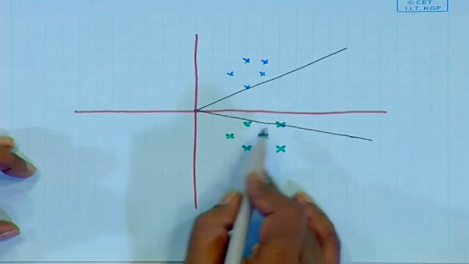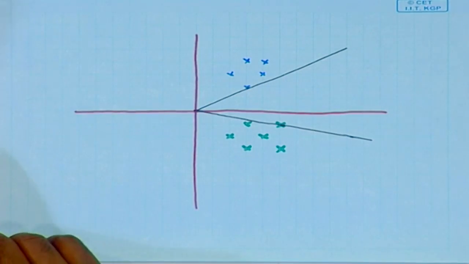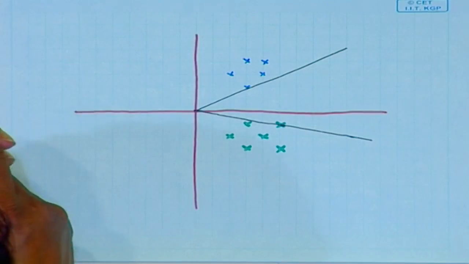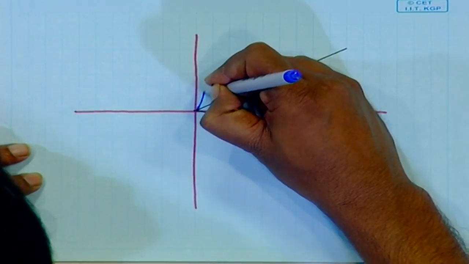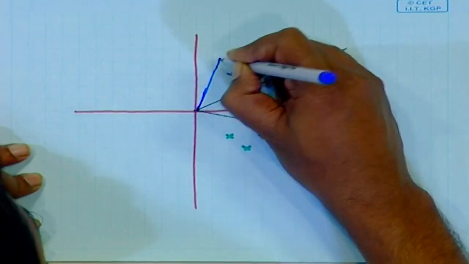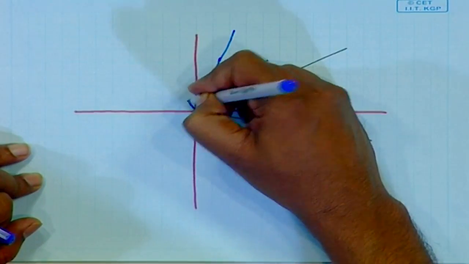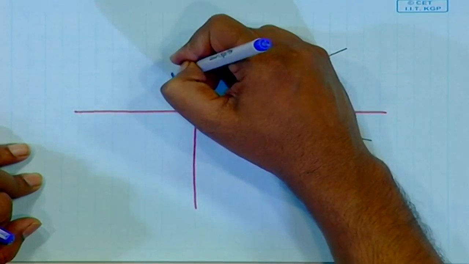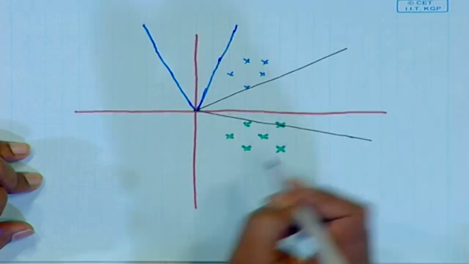So, these are the negated samples, and the solution region in this situation will be this, bounded by this conical space.